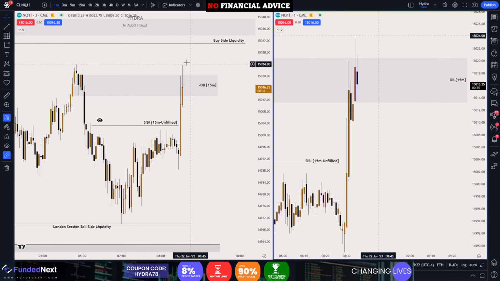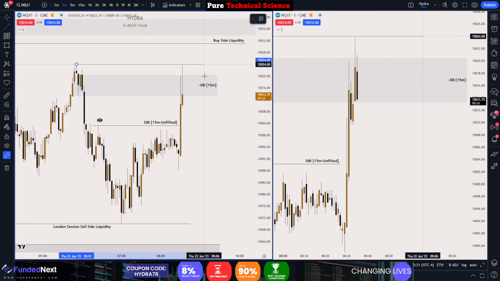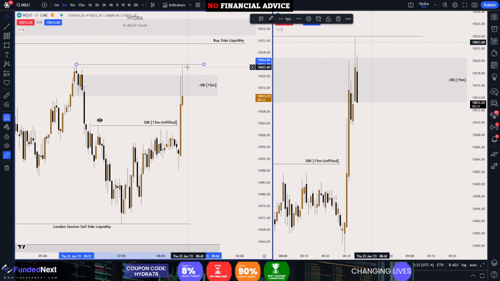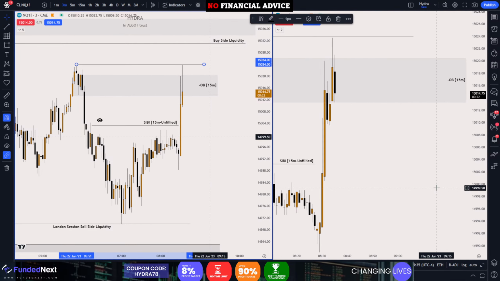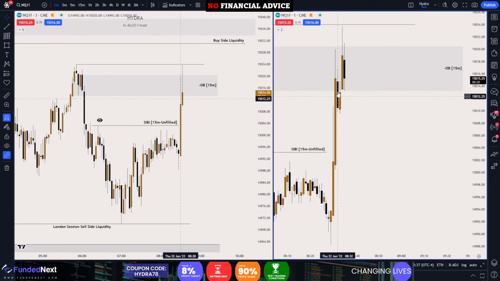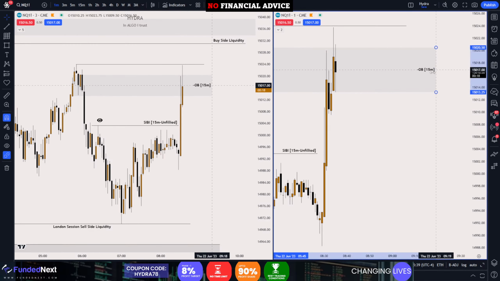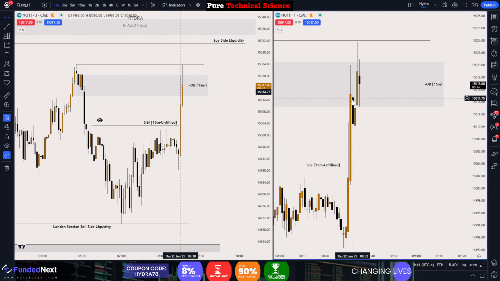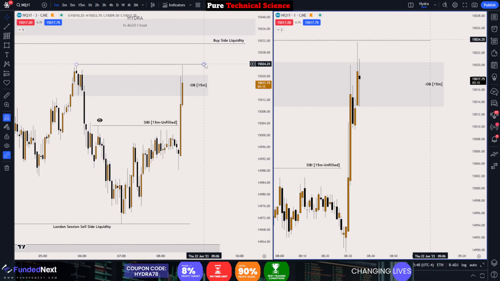So price went all the way higher, and did it clear out this high? No, not really. Price generated relative equal highs here. We have an order block right here. So this is a reclaimed order block. Let's see if price is using it as a bullish order block to provide higher prices, as we have a relative equal high here.